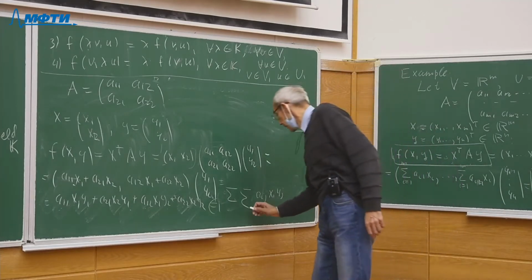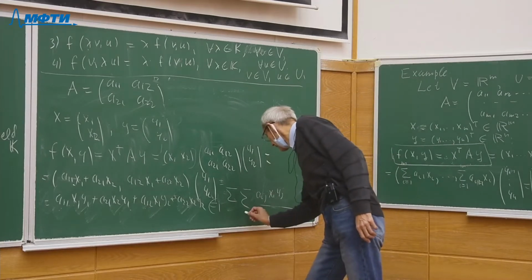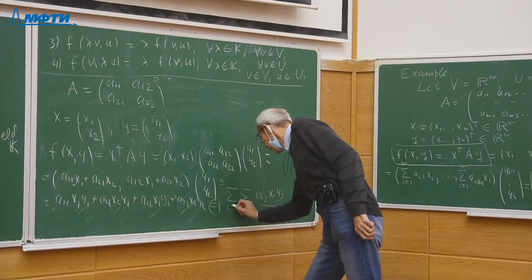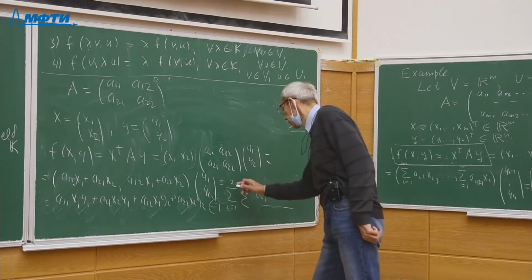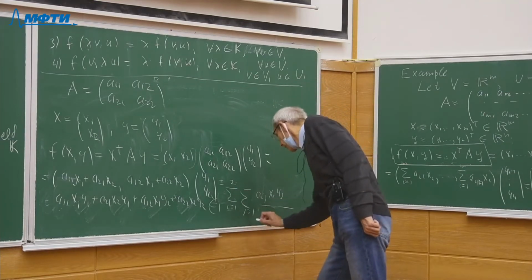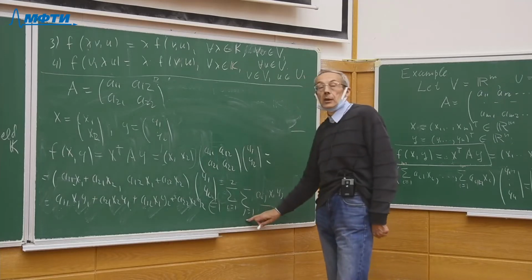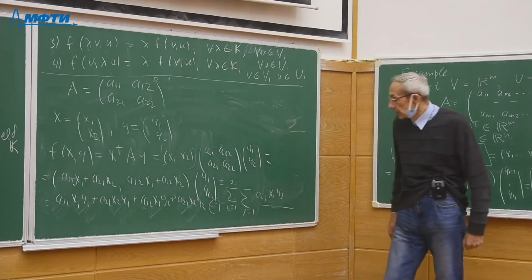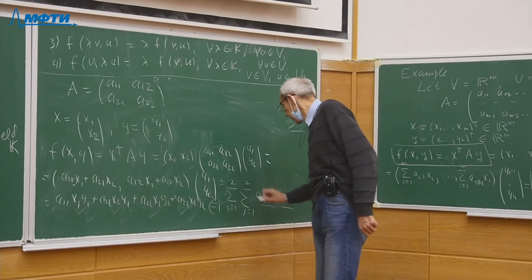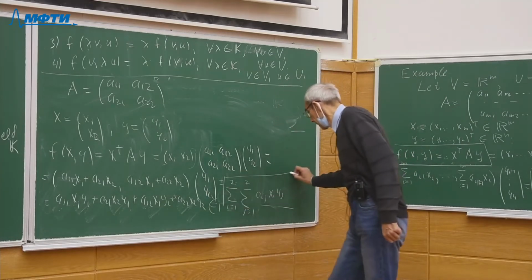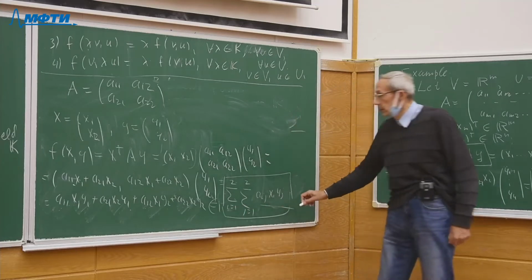And the index i goes from 1 to 2, j goes from 1 to 2. And we obtain the following formula.